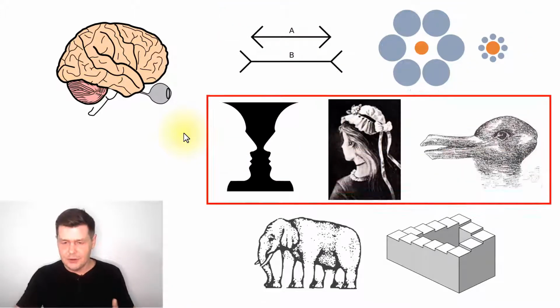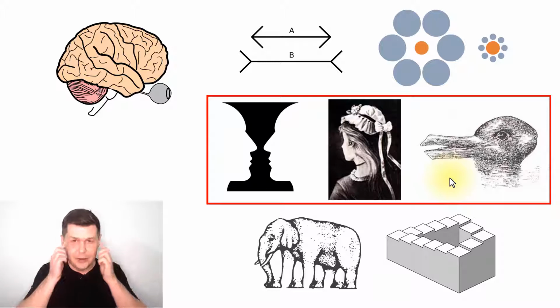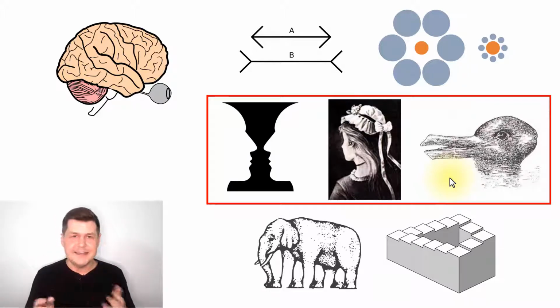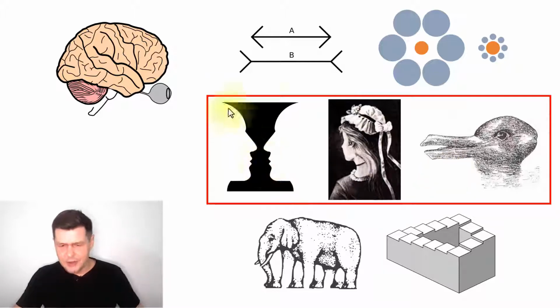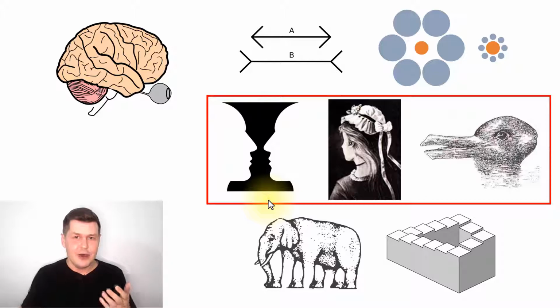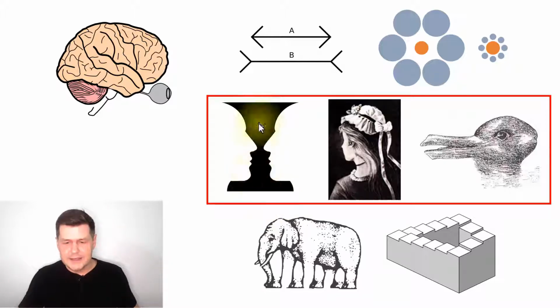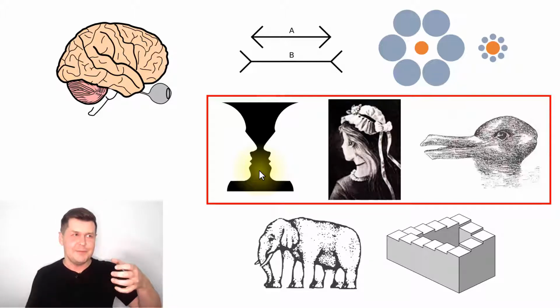Another kind of optical illusion is where we can look at the same picture, but we can see different things. So in this image, depending on how we look at it, we can see the black part looks like a vase, like something we can put flowers in.